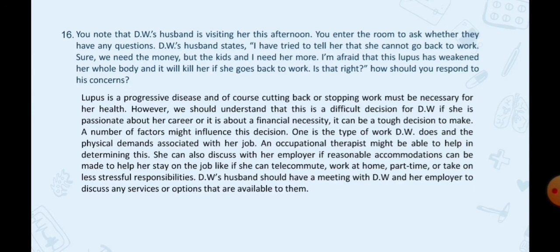One is the type of work she does and the physical demands associated with her job. She can also discuss with her employer whether reasonable accommodation can be made to help her stay in this job, like telecommuting, working at home part-time, or taking on less stressful responsibilities. DW's husband should have a meeting with DW and her employer to discuss any services or options that are available to them.